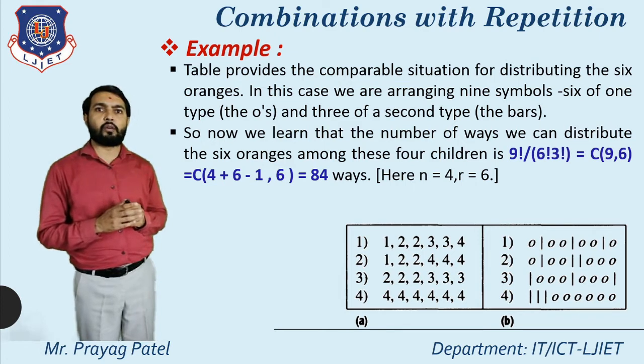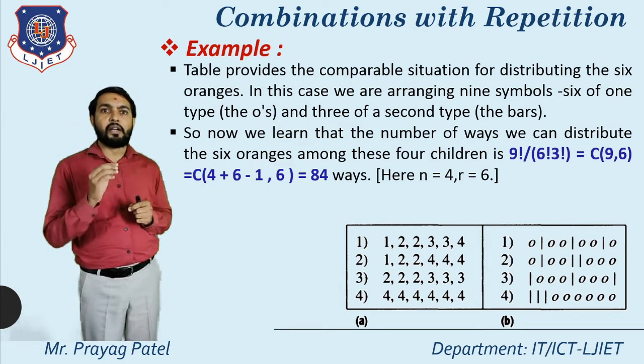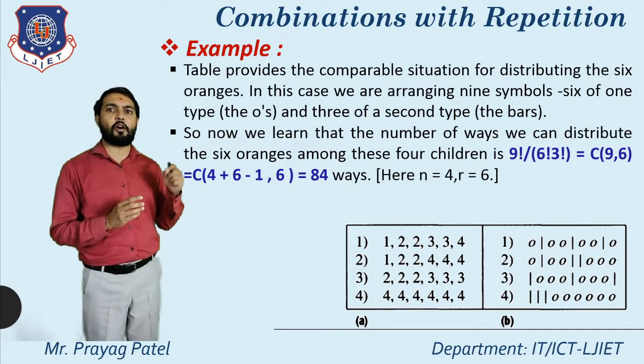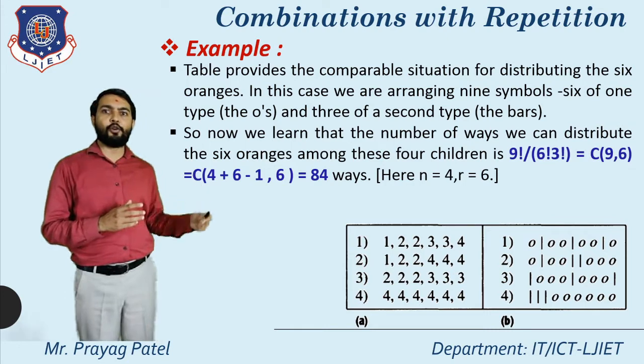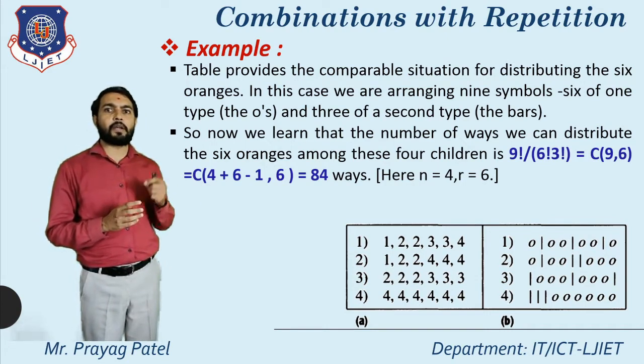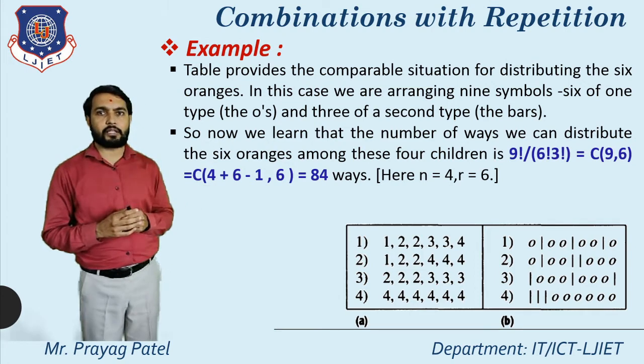So total symbols equal to 6 plus 3 equal to 9. So we represent 9 factorial divided by 6 factorial into 3 factorial. That means C of 9, 6. Using the new formula of combination with repetition, we can write C of 4 plus 6 minus 1, 6, because n equal to 4 and r equal to 6.